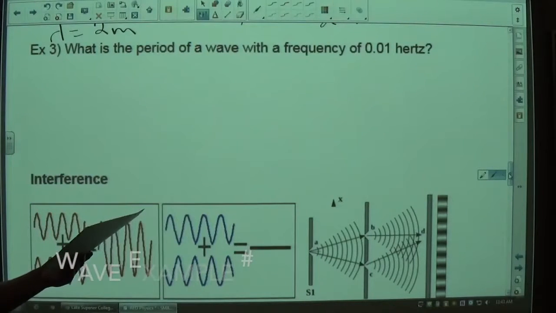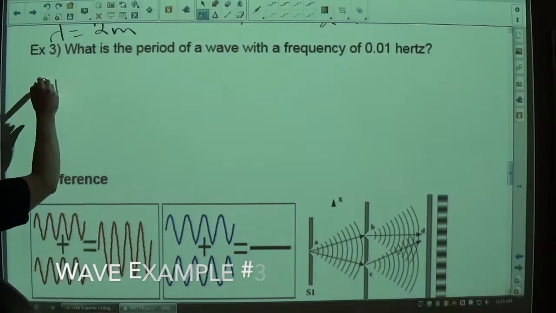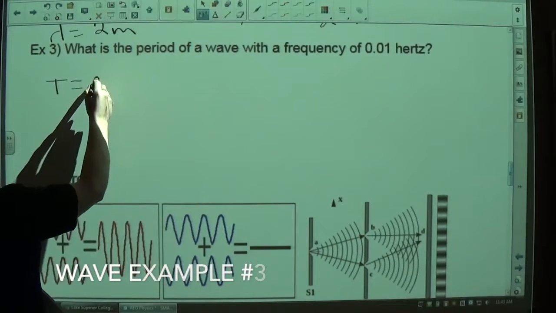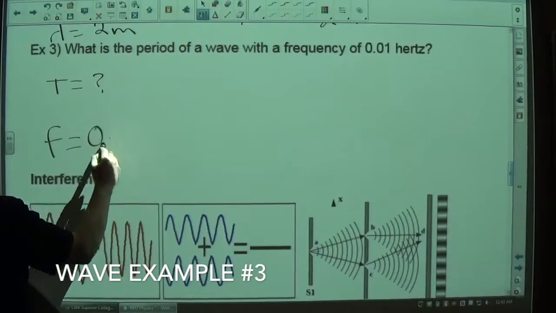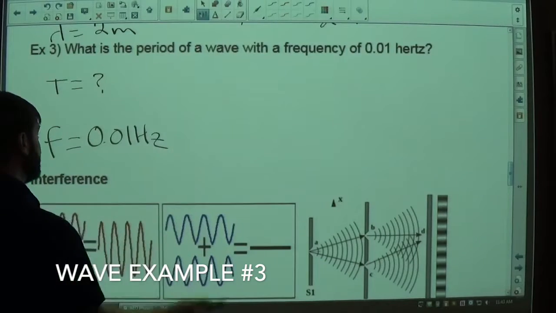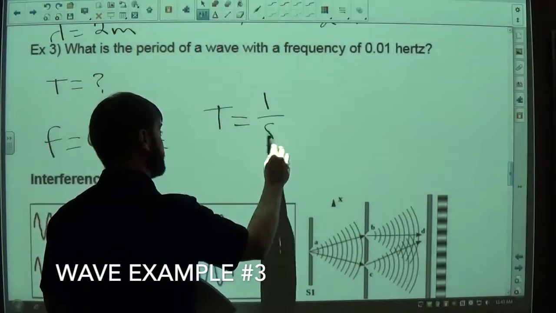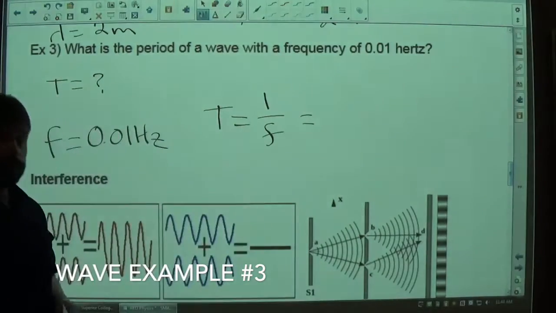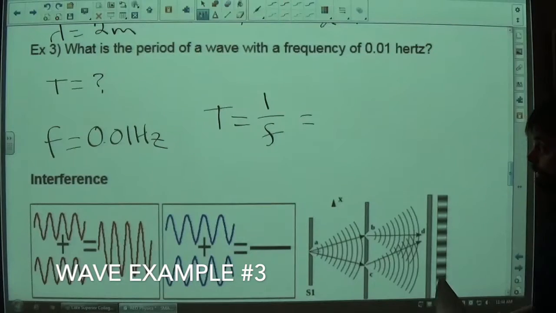For example number 3, they're asking us to find the period of a wave that has a frequency equal to 0.01. So the period is unknown, but they do tell us that the frequency is equal to 0.01 hertz, which is a very low frequency. Do keep in mind that period and frequency are inverses of each other. So basically, if you do the inverse of whatever's already there, it should give you the answer that we want.